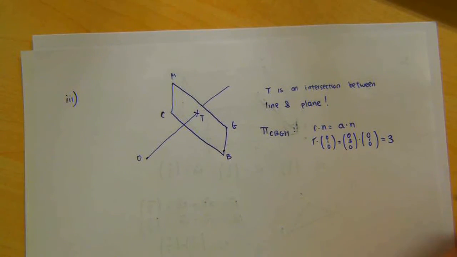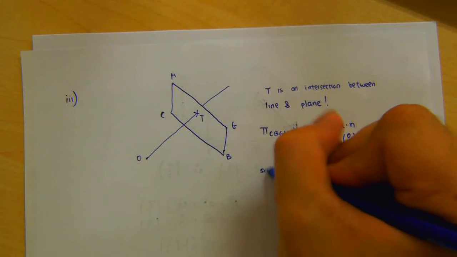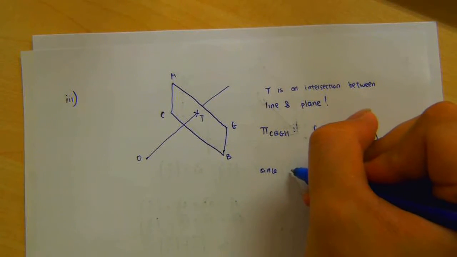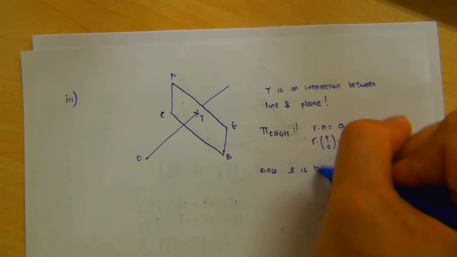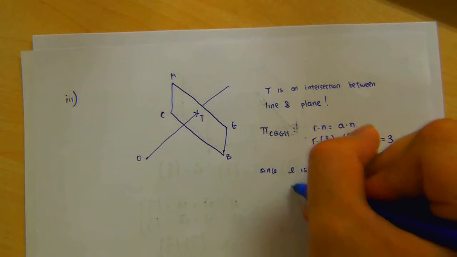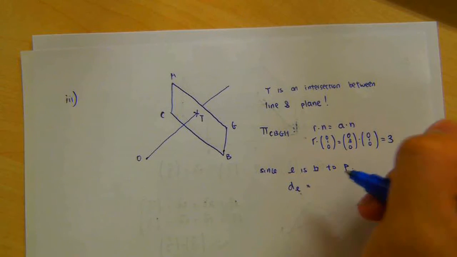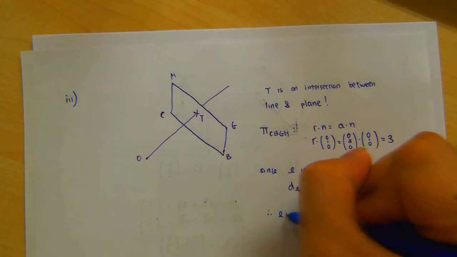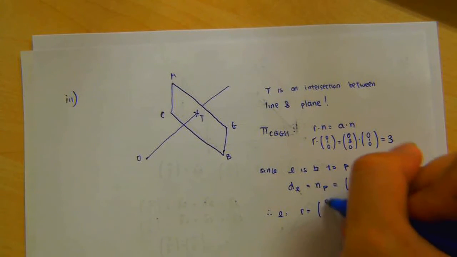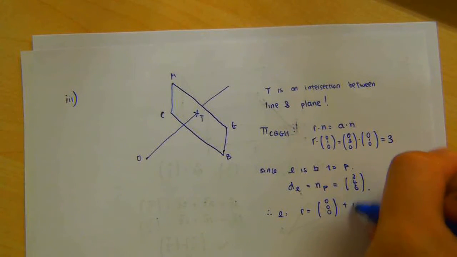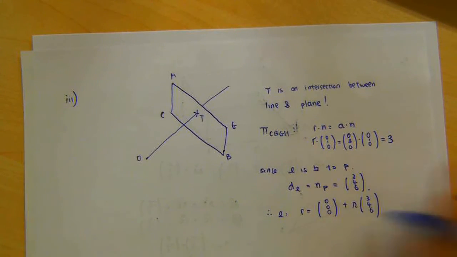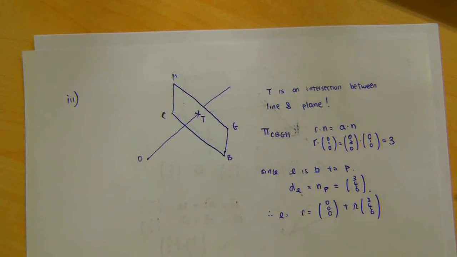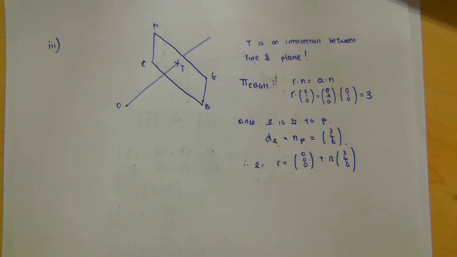So to get the line equation, we need the direction and a point. Since the line is perpendicular to plane P, the direction of the line is basically equal to the normal of plane P. Therefore, the line equation is 0, 0, 0 plus lambda 3, 4, 6. So that's it.